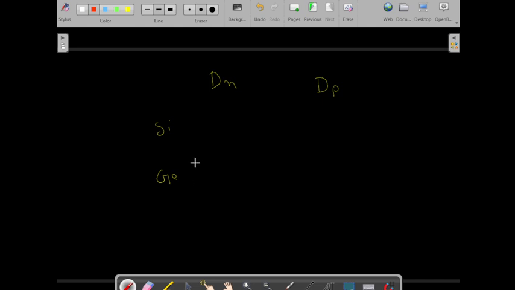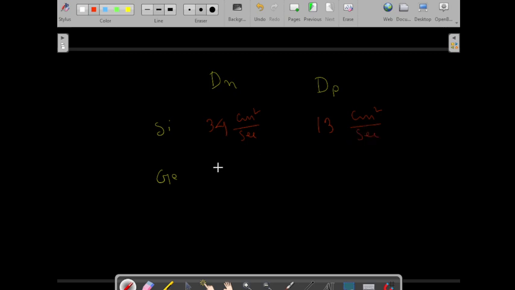For silicon, Dn is 34 square centimeter per second and the value of Dp is 13 square centimeter per second.